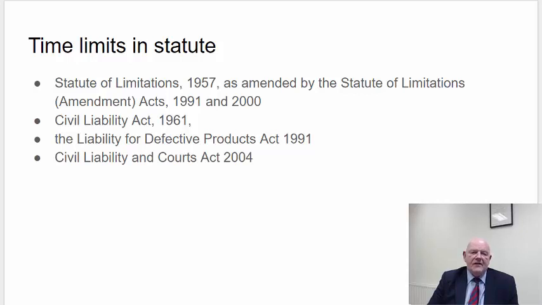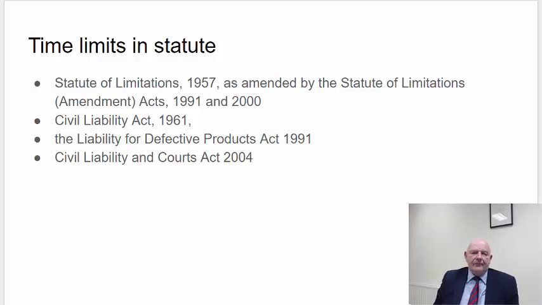Firstly, there are various time limits set out in statute. For example, in the Statute of Limitations Act 1957, as amended by the Statute of Limitations Amendment Acts of 1991 and 2000. There are also time limits set out in the Civil Liability Act of 1961, in the Liability for Defective Products Act of 1991, and in the Civil Liability and Courts Act of 2004.